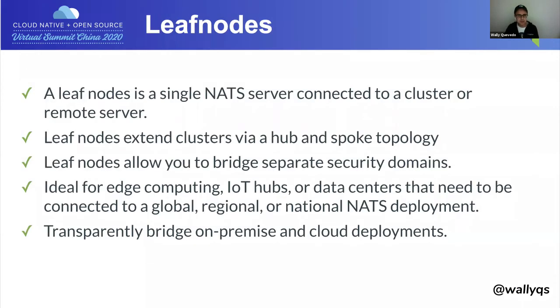And the leaf nodes allow you to extend these. We say that they are ideal for edge computing or IoT because you can delegate some of the work to the leaf nodes. For example, you can have a leaf node that is bound to localhost, so a device that is very constrained and can just start using TLS can talk to the leaf node, but the leaf node itself has a secure connection to the NATS supercluster and has credentials.